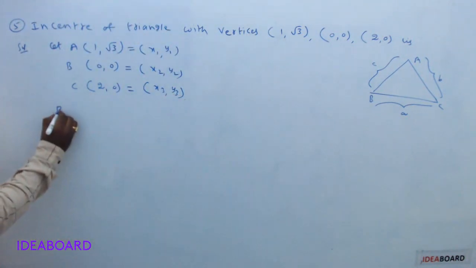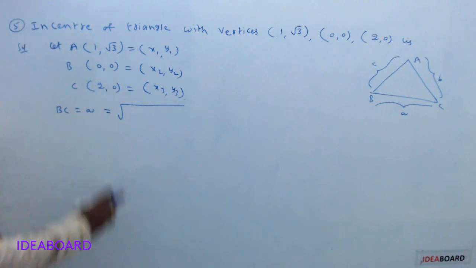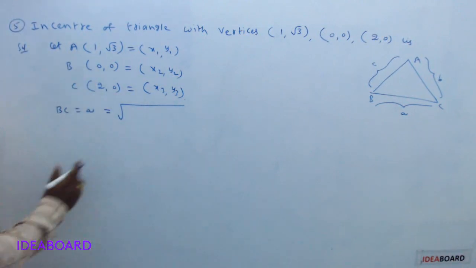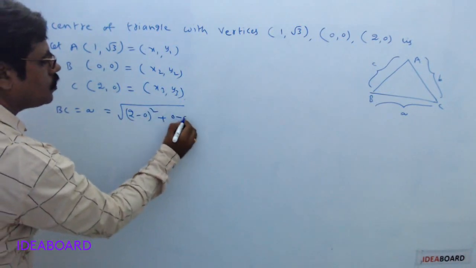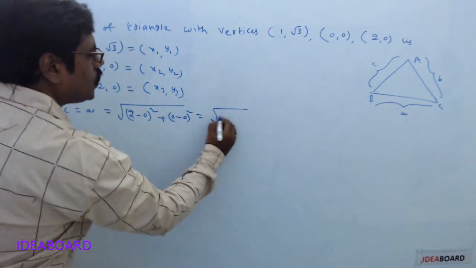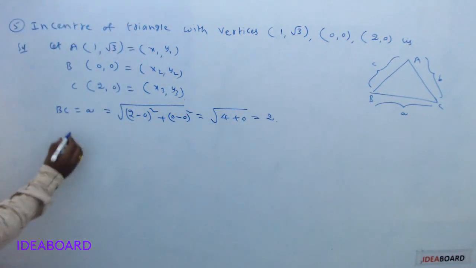So BC, which is a, equals square root of, applying the distance between 2 points formula, (2 minus 0) whole square plus (0 minus 0) whole square, 4 plus 0, it will be 2.